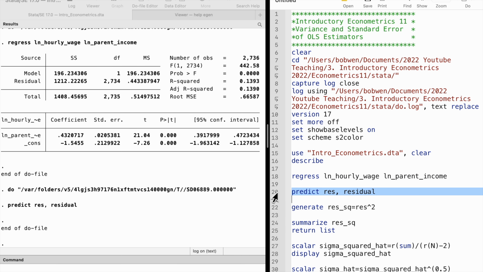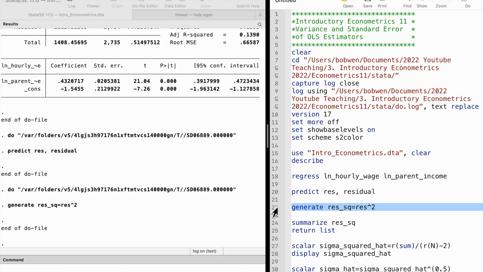Then we generate the residual squared by typing generate res_squared equals res to the power 2. Now we have the squares of the residuals. We sum them up. To do that, we can use the command summarize.